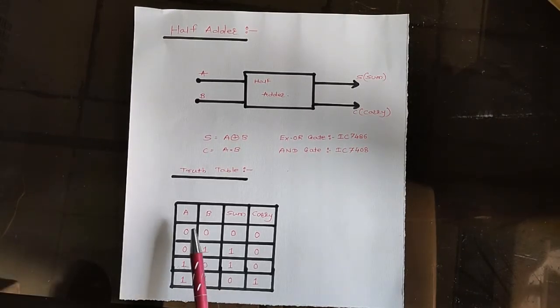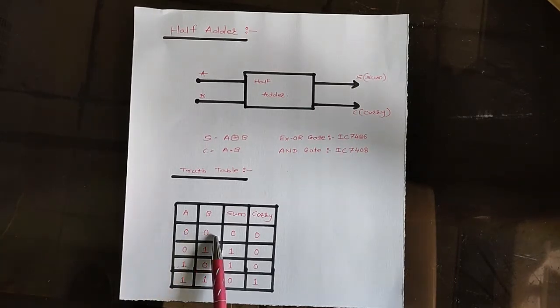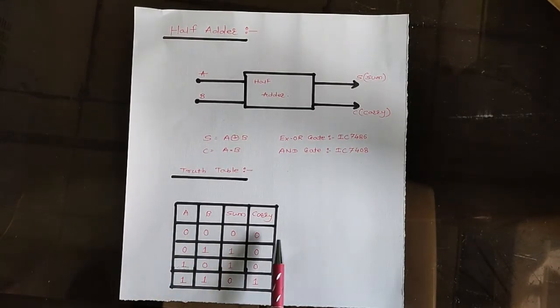Now when A equals 0, B equals 0, then sum equals 0 and carry equals 0. Similarly, for the second condition, when A equals 0 and B equals 1, then sum equals 1 and carry equals 0.